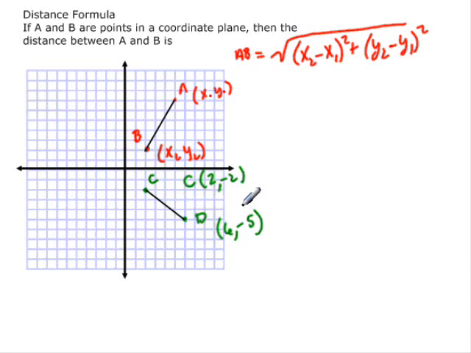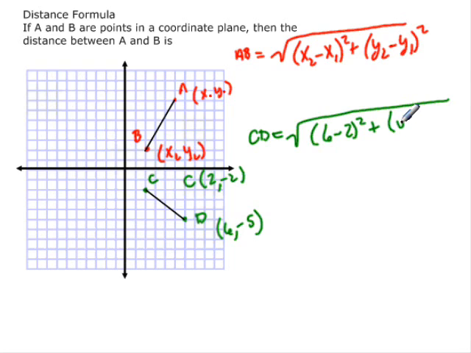So using those two points, we're going to plug them into the formula. The value of CD, or the distance from C to D, would be equal to the square root of, using our formula, x2 minus x1 squared plus y2 minus y1, oh my goodness gracious, I should have erased, shouldn't I?